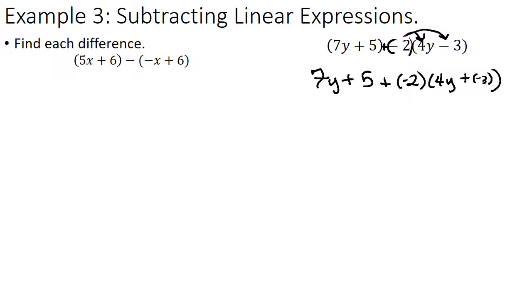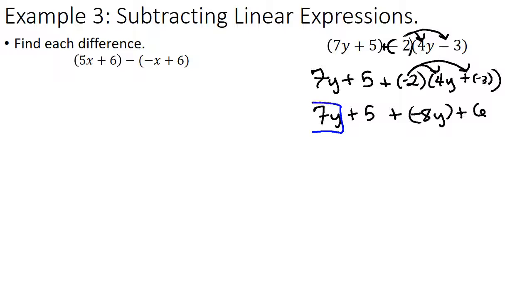Okay, so that -3 became plus -3. So now this -2 can be distributed into this problem right here. So I end up with 7y plus 5 plus -8y plus 6. So now again I can look for my like terms.